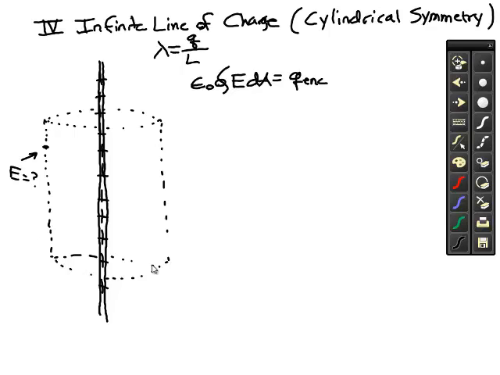Let's say the cylinder has a radius r. Now that is the same as the distance from the string where we want to find our E field. So the E field that we're looking for is sitting on the lateral surface of this cylinder. The length of the cylinder is L. You can see where that's going, right? Look up at the density equation.